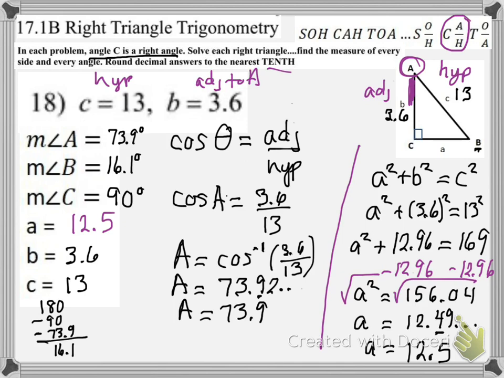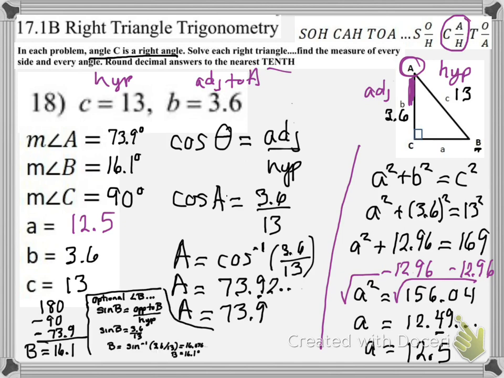I'm going to pause this, write out the other way, and then come back and talk you through it real quick. Okay, the other way we could get B, if we wanted to be technical and say never use things you worked out yourself, would be to look at that triangle again, and instead of having the view from A, we'll look at the view from B. And if we're looking from B, lowercase b, 3.6 becomes our opposite.